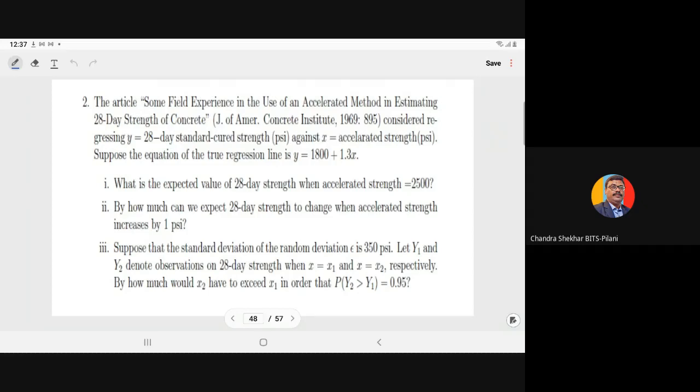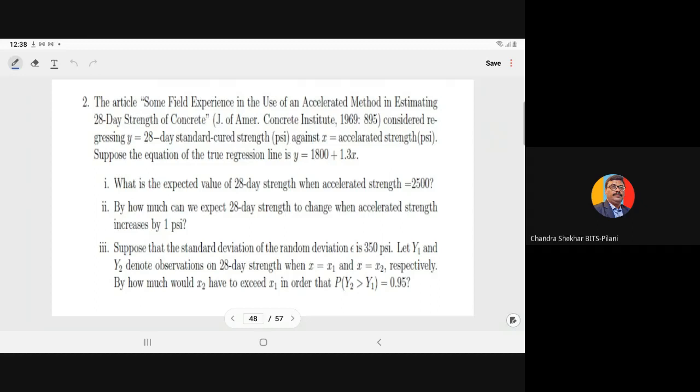So here the regression line is given to you as y is equal to 1800 plus 1.3x. So here x is the independent variable and y is the dependent variable. When x is the random variable, this y will be the expected value.